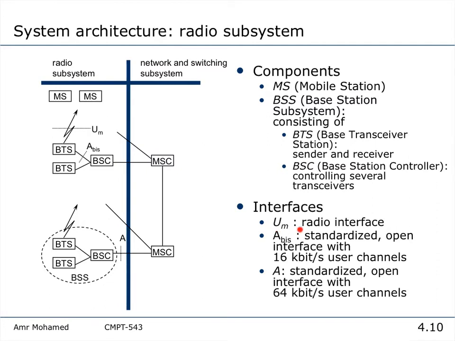For example, the Um interface, as we talked about before, is about 9.6 kilobits per second. The Abis interface goes from 16 all the way to 64 kilobits per second. And the A interface goes from 64 and above. The textbooks mention that the A interface can get up to maybe 2 megabits per second. But again, all these data rates are very low compared to what we have nowadays.